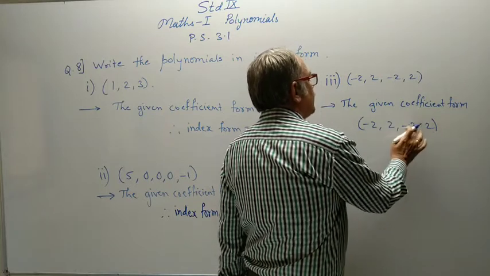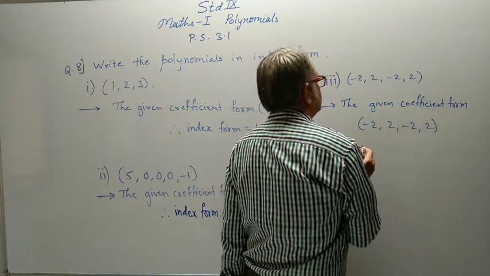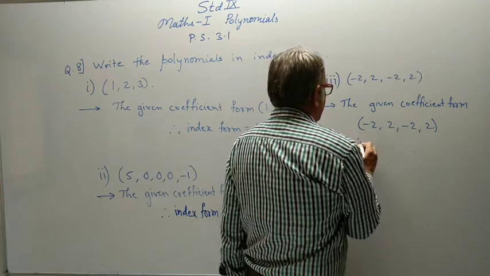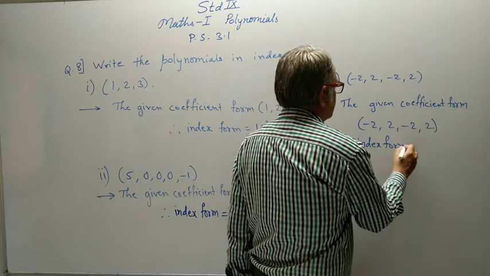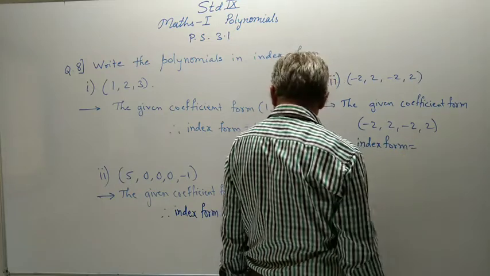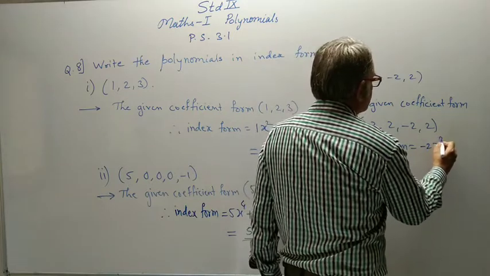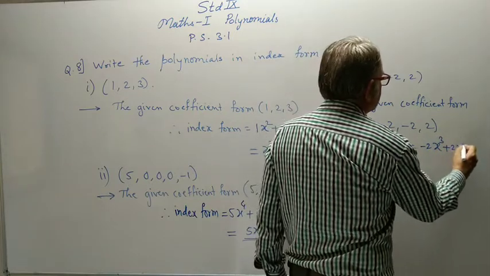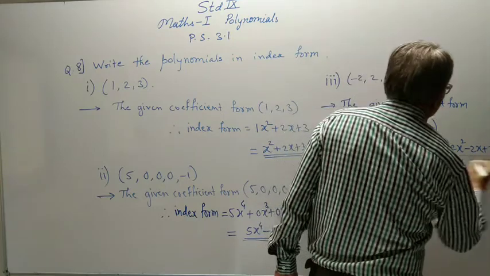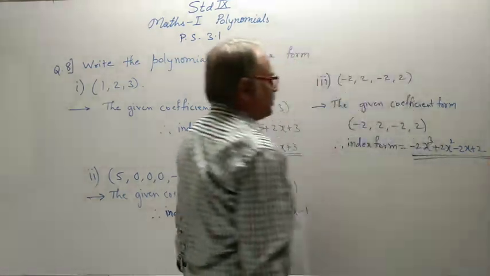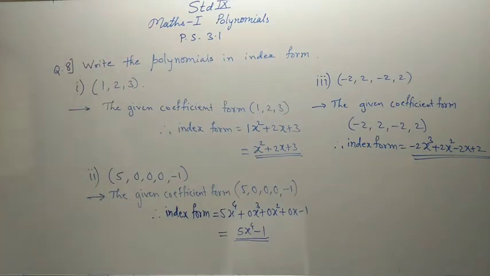Therefore, the index form is minus 2x cube plus 2x square minus 2x plus 2. There is no 0 term, nothing will be simplified, so that is the answer.